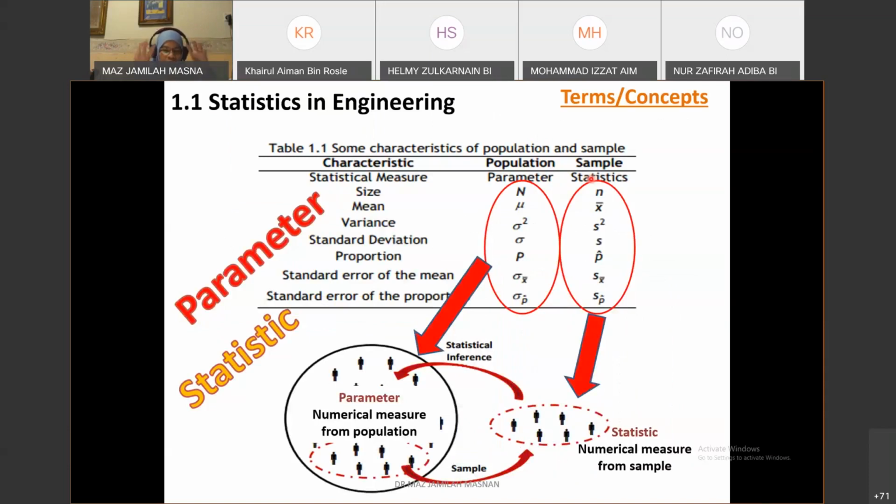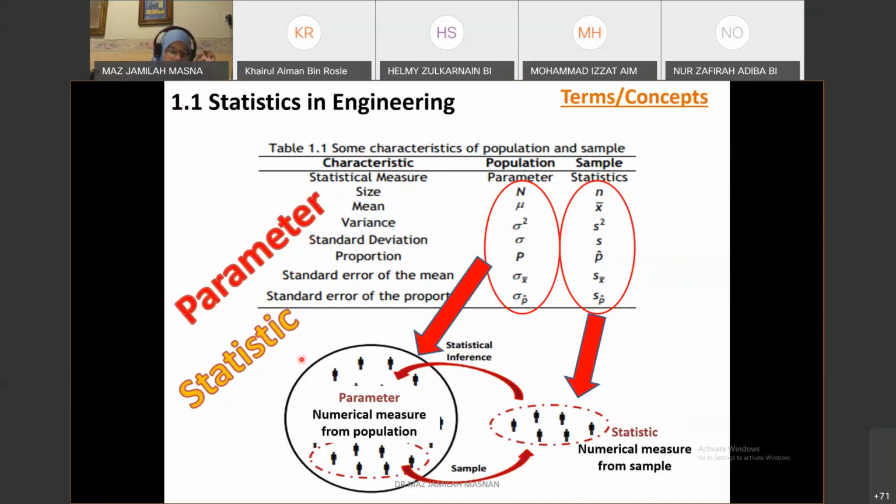When we have this distinction, we will also have specific notation that reflects data collected from the population and data collected from your sample. How do we define these from the population and from the sample, and what do we name them? First, we call them parameter.